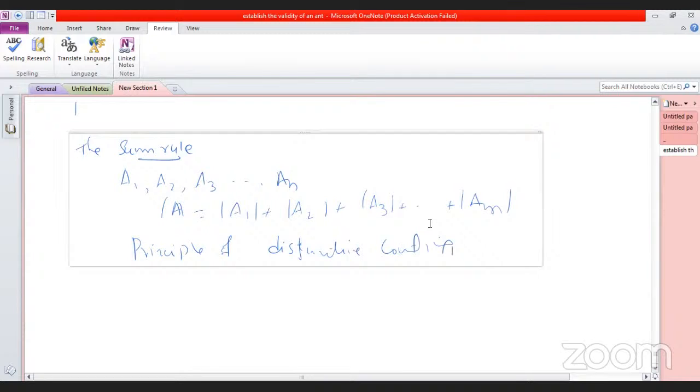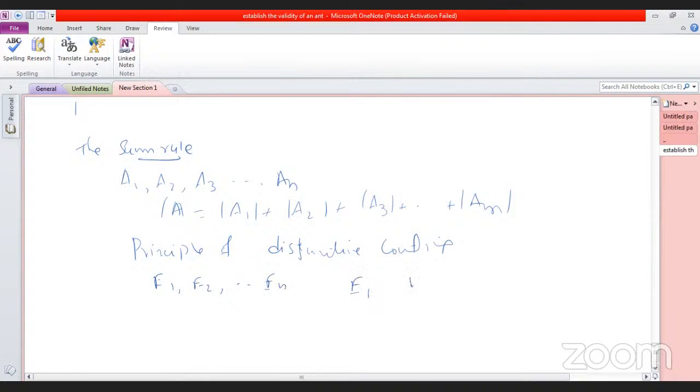The same principle can also be stated in terms of events. E1, E2, and so on up to En are mutually exclusive events. That is, E1 can occur in M1 number of ways, E2 can occur in M2 number of ways, and so on, En can occur in Mn number of ways.